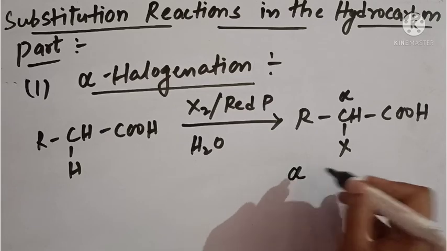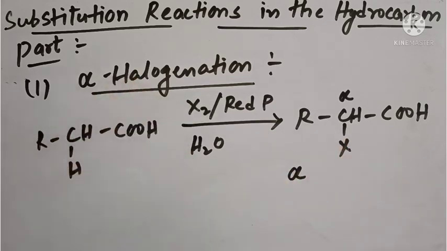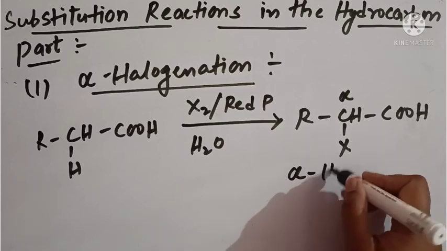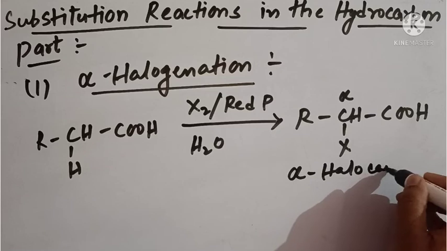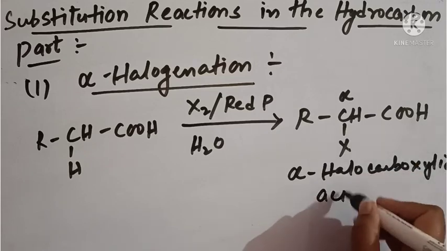As the substitution is taking place at the alpha position, it is also known as alpha halogenation. You will get the alpha halocarboxylic acid.